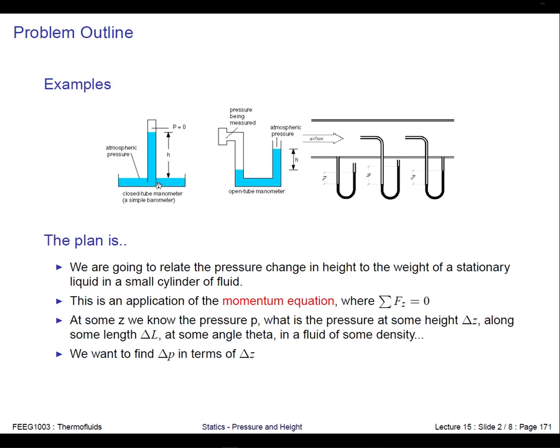Historically, people used mercury to work out atmospheric pressure. You may have heard that atmospheric pressure is typically 760 millimeters of mercury. They use mercury because atmospheric pressure for mercury is a typical scale that you can have in a laboratory, a third of a meter or so.